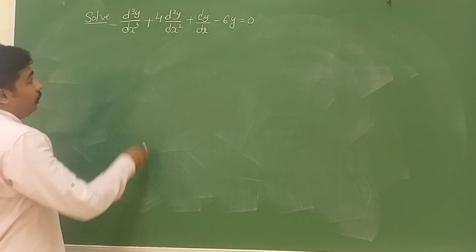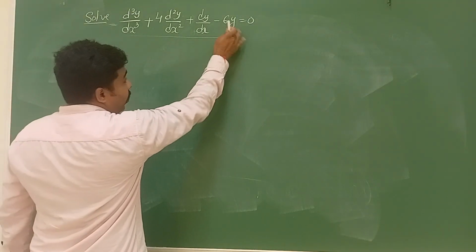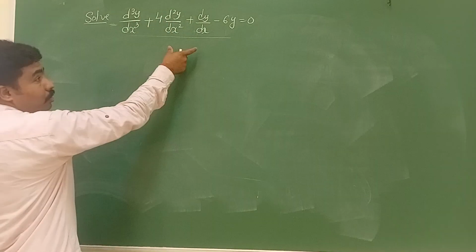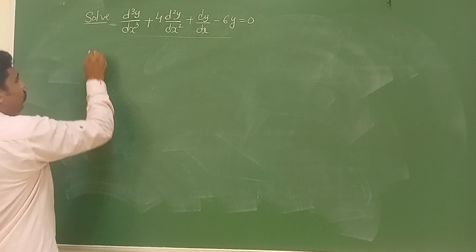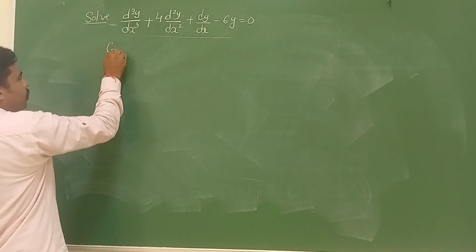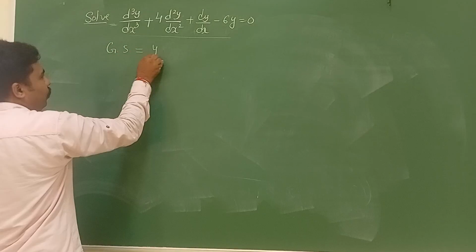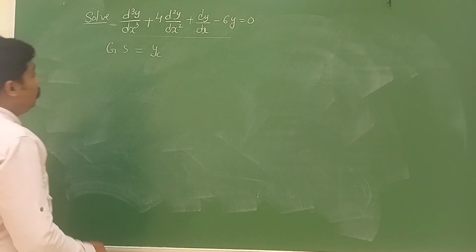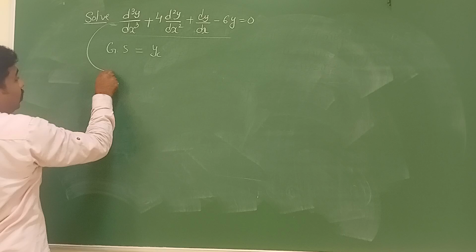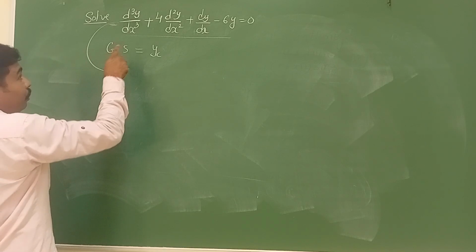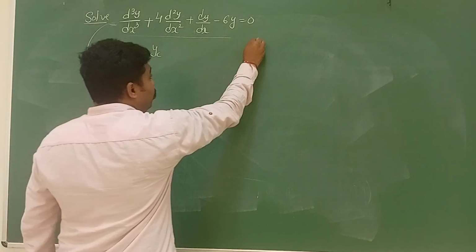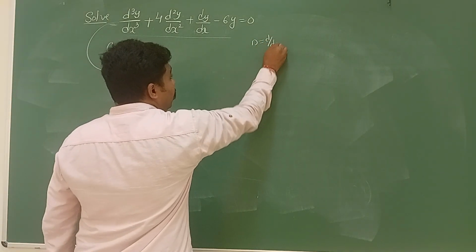Now clearly see, all the terms contain what? y. Every term has y or its derivatives. Therefore, it is a homogeneous differential equation. For a homogeneous differential equation, the general solution is what? yc. We have to find yc, that is the general solution. So first we have to write this in the standard form. Capital D means d by dx. Everywhere we are supposed to remember it is d by dx.